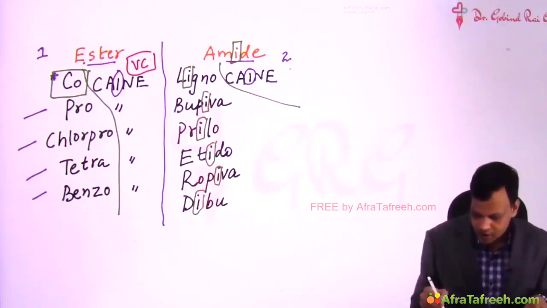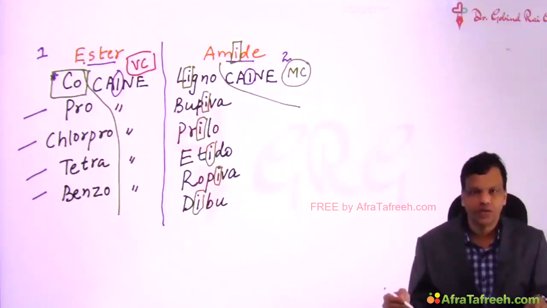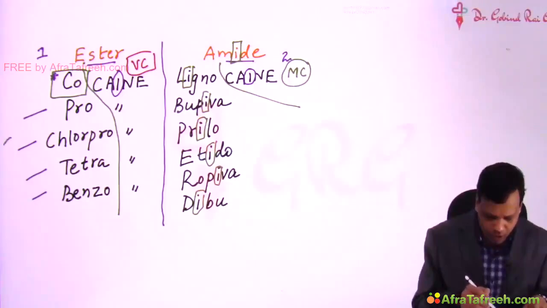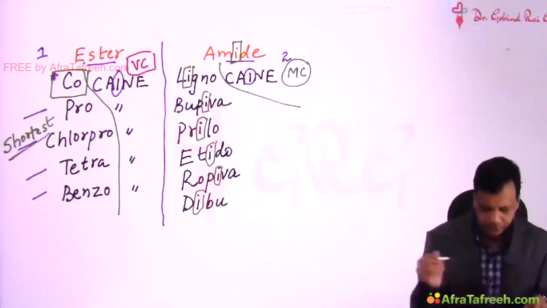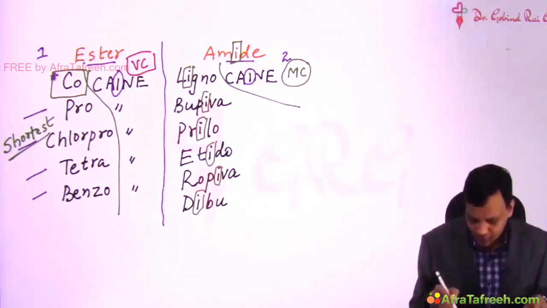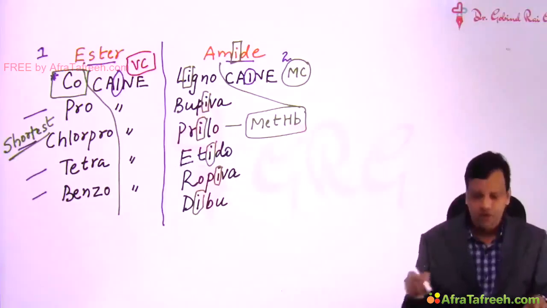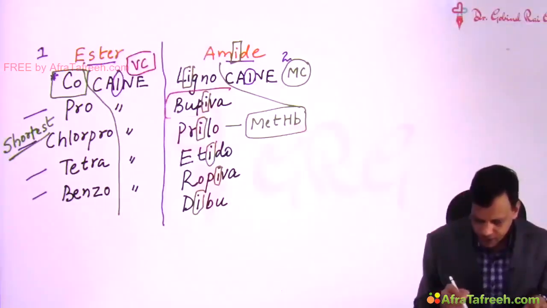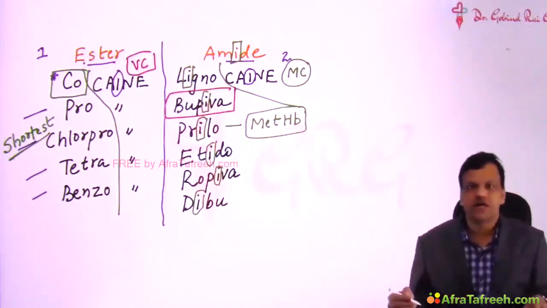Then lignocaine is the most commonly used local anesthetic. Then chlorprocaine is the shortest acting local anesthetic. Whereas prilocaine can cause methemoglobinemia. Now this local anesthetic bupivacaine is very cardiotoxic.